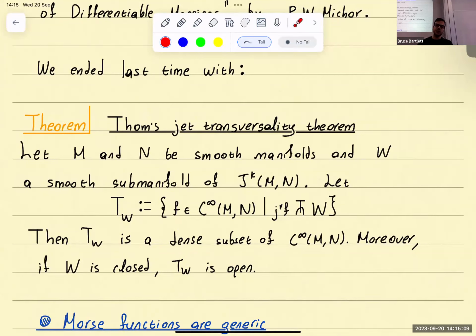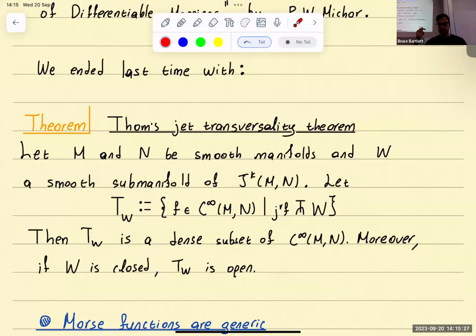I should say that the actual theorem, you won't maybe find it written down like that. You would say that it's a residual subset, residual meaning that it's a countable intersection of open dense subsets.